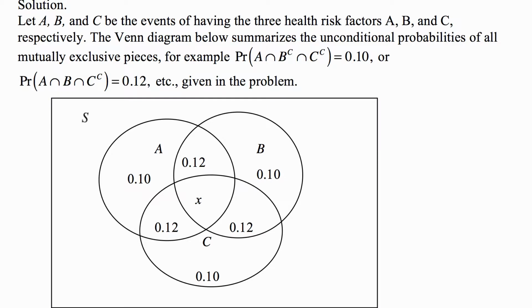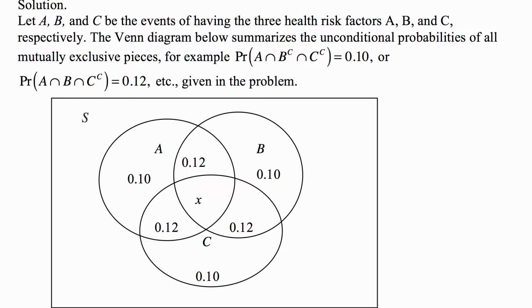So let A, B, and C be the events of having the three health risk factors, respectively. We have a Venn diagram here, and it summarizes the unconditional probabilities of all mutually exclusive pieces. For example, the probability of A intersection B complement and C complement is 0.10. It's one factor. And the probability of A intersection B and not C, so intersection C complement, is 0.12.